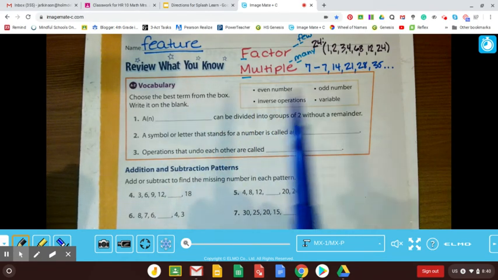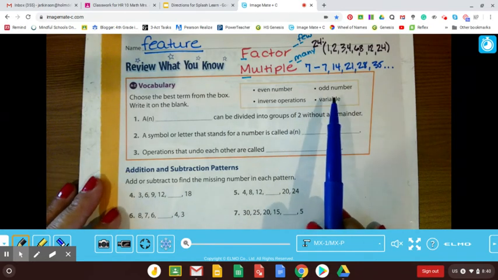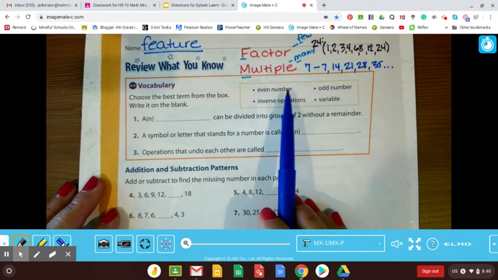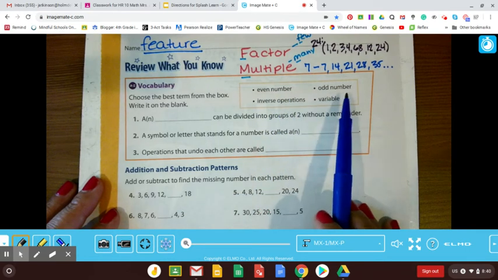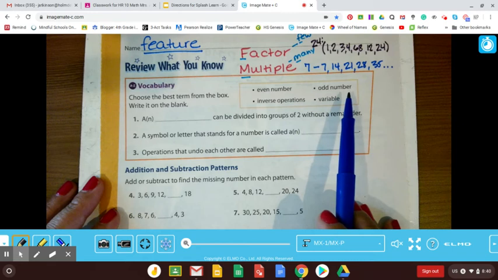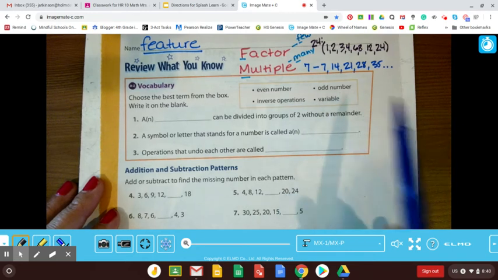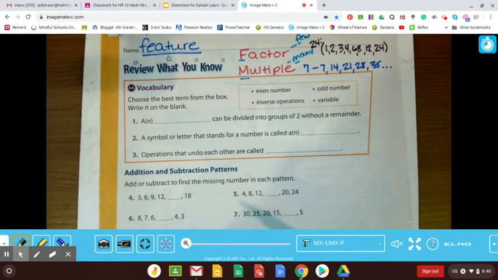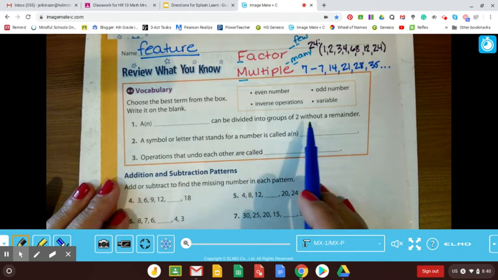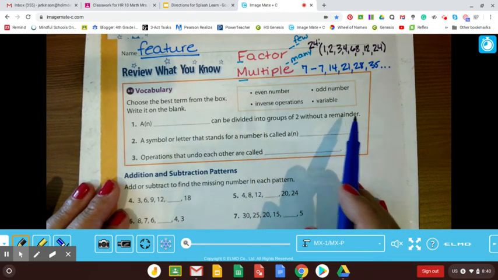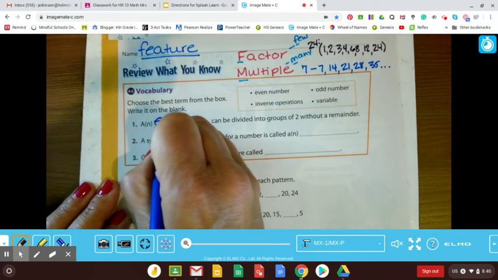Multiplication, you might divide instead because they're opposites. I know even numbers are numbers like 2, 4, 6, 8, and odd numbers are numbers like 3, 9, those kinds of numbers. All right, let's see. So what can be divided into groups of 2 without a remainder? Oh, well, that would be an even number.